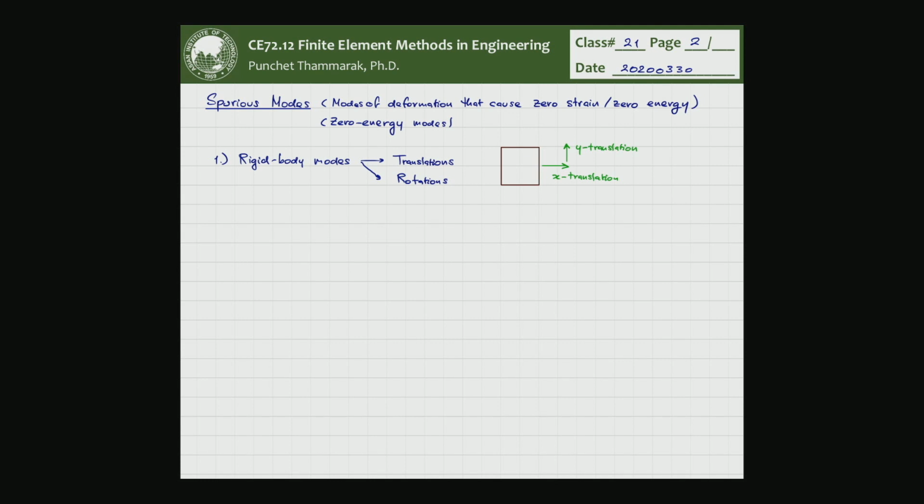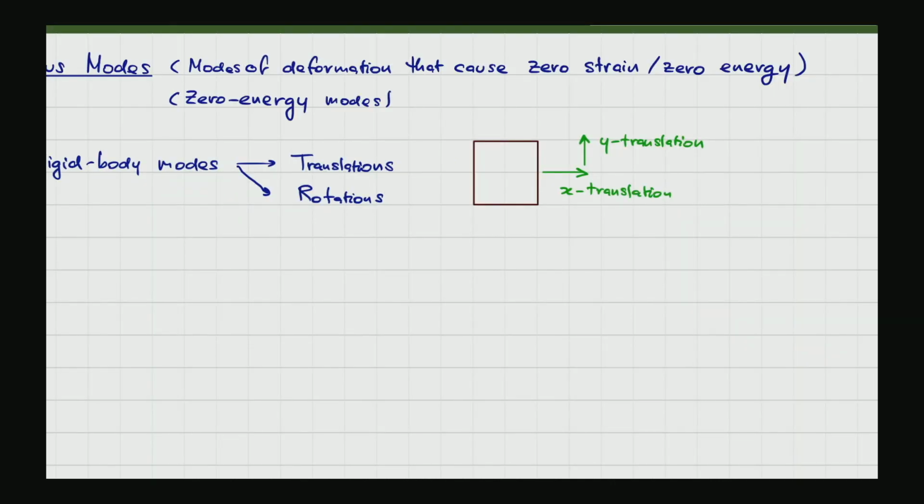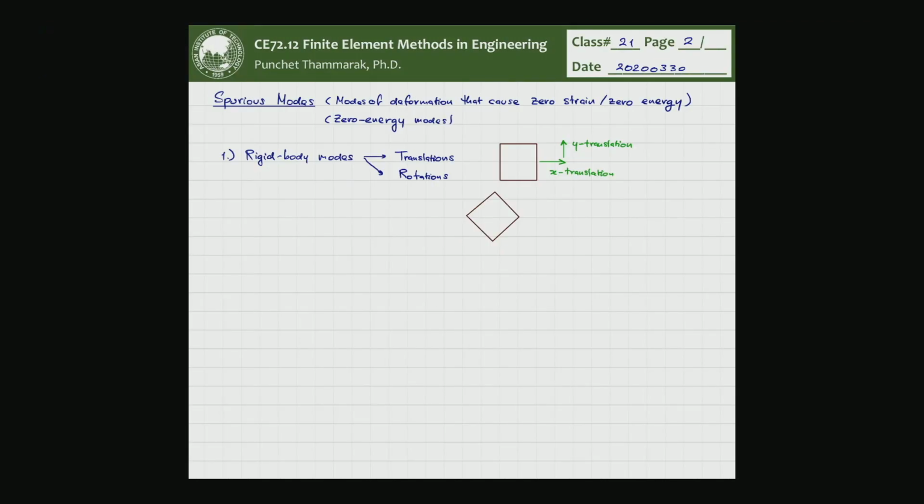The object could fly up, down, left, right, and also can rotate. So you can have the rotation and translation, whichever.